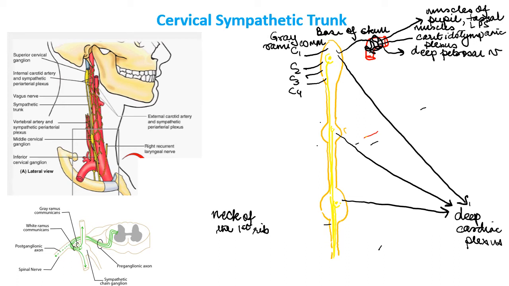So this nerve which is arising from it is known as the internal carotid nerve. It winds around the internal carotid artery, and via its branches, it goes and supplies the various components in the eye, in the middle ear, and also goes to the pterygopalatine ganglia to go to the lacrimal gland and to the palatine glands and the nasal glands.